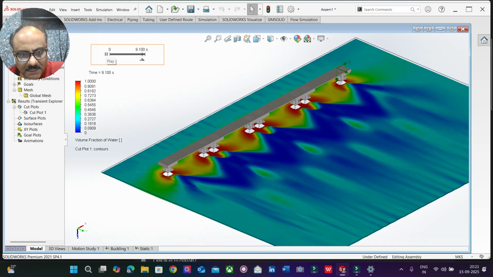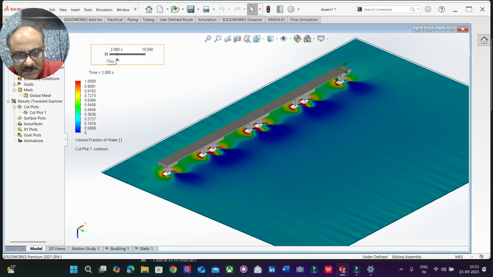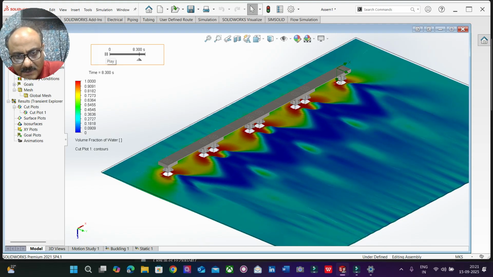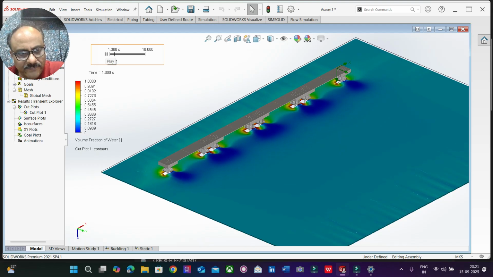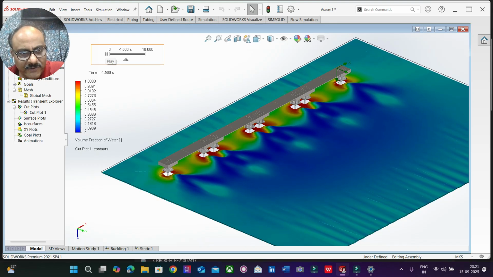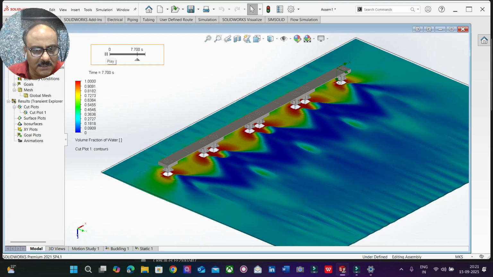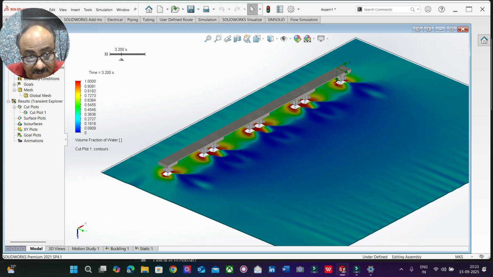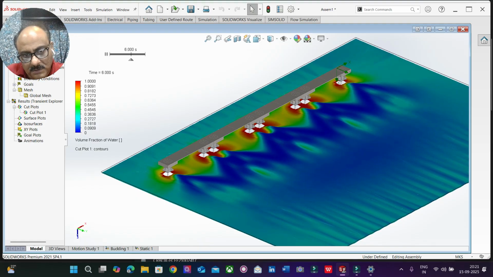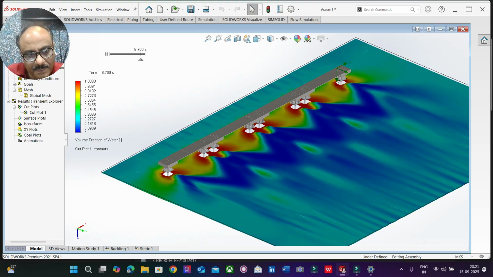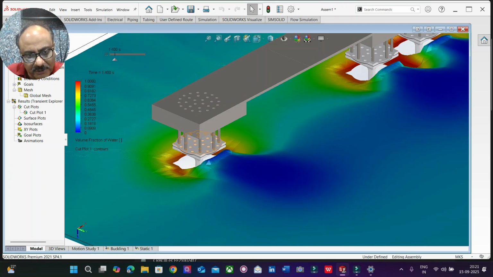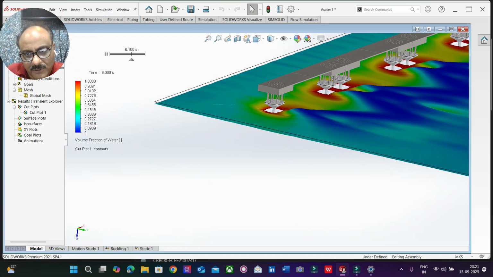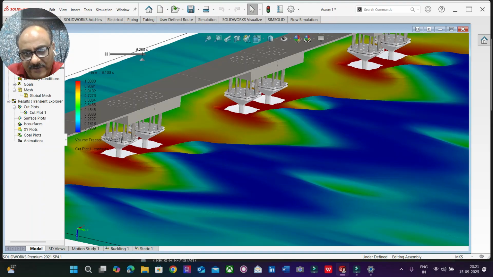So you will find that the blue zones are where the volume of the water is going to be. This is the blue region, and that's going to be 0. From 0, it is going to increase to 1. So the volume fraction of water here at this zone, you'll be able to visualize how it is going to become a wave.